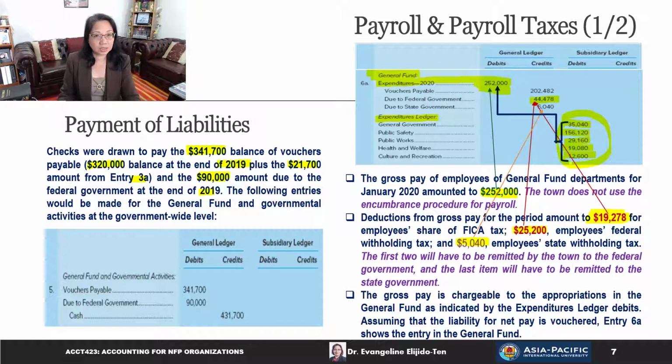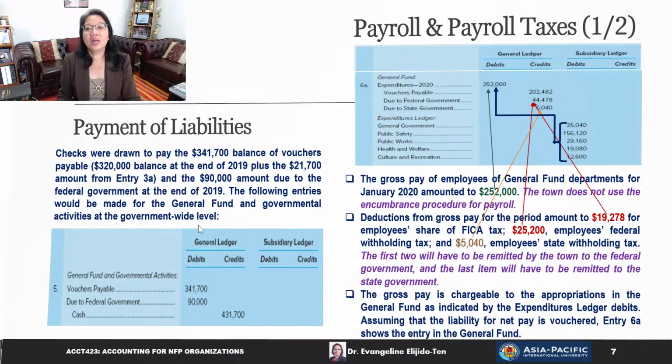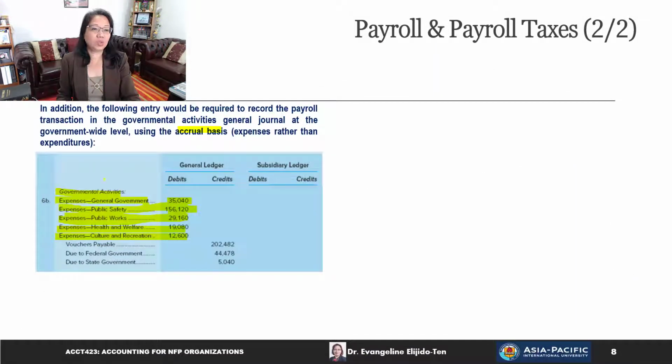So we're just using exactly the same amount, but we are recording it as expenses in your governmental activities journal here. Those are your debits to expenses, and then we credit the same thing.